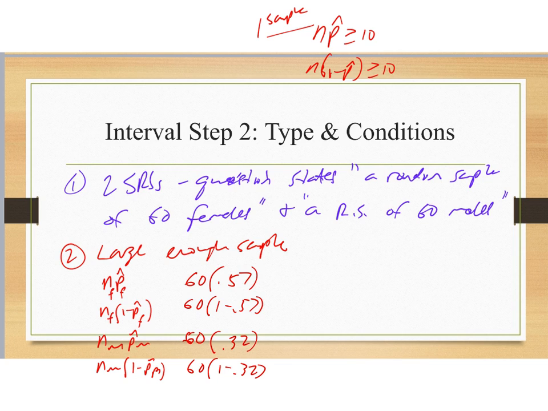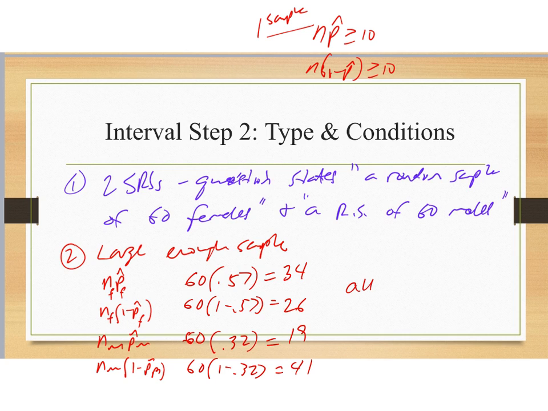If you recall, it was 34 out of 60 females who had seen it. So it's really 34 had seen it and 26 hadn't. We could calculate that, and we'd get a decimal close to those when we rounded, but it really was 34 successes, again, quote unquote successes, for people who've seen The Bachelor, Bachelorette, and 26 fails, which is people who haven't. For the males, it was 19 who had seen it and 41 who had not.